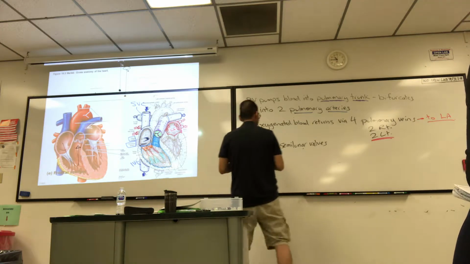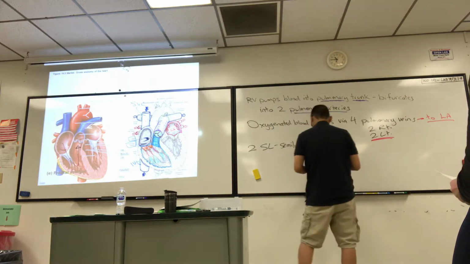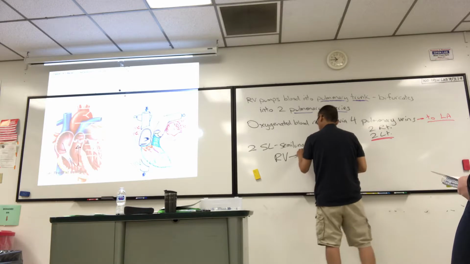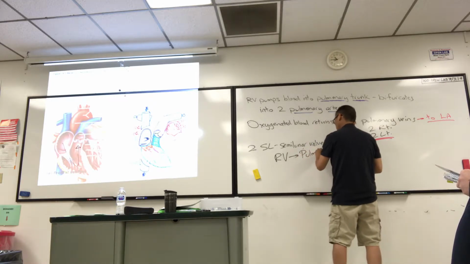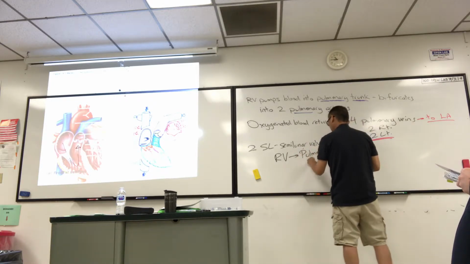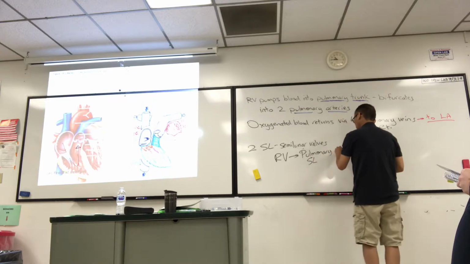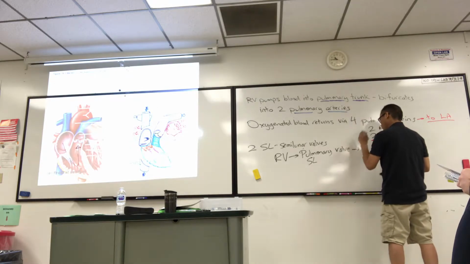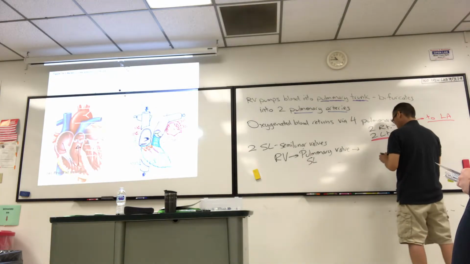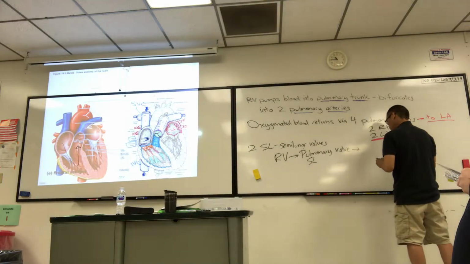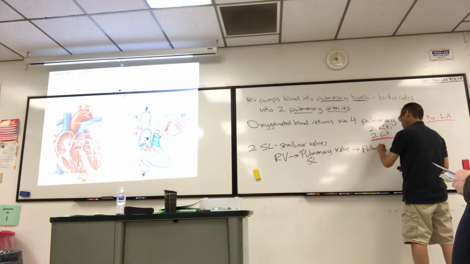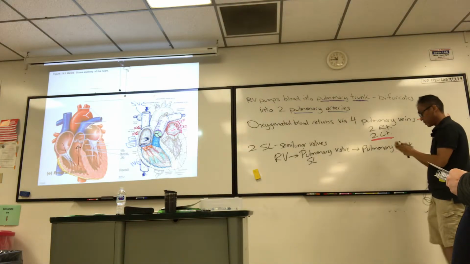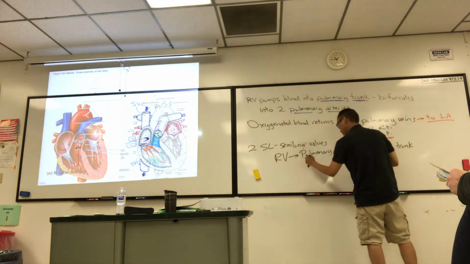So I'm going to write that down. You got RV. It has to go through pulmonary semilunar valve. I'll just call it pulmonary SL valve. And blood goes from the RV through that valve when it's open to pulmonary trunk. Okay, and I use this light green color for the pulmonary semilunar valve.